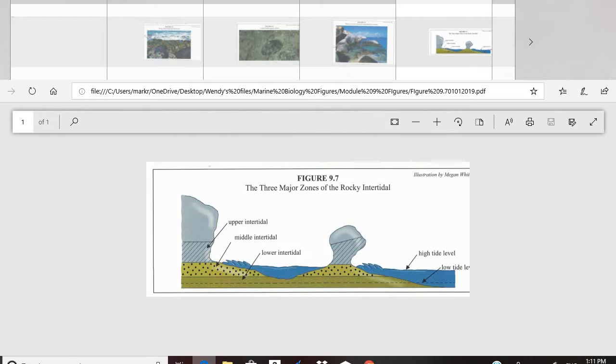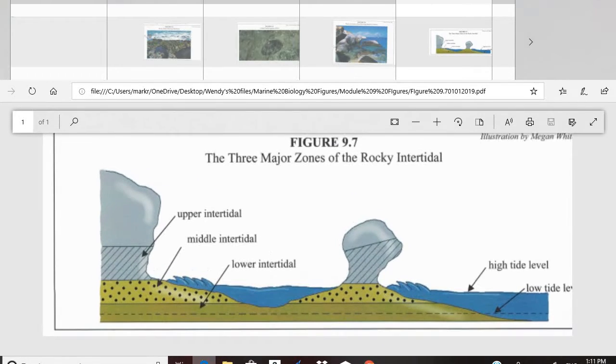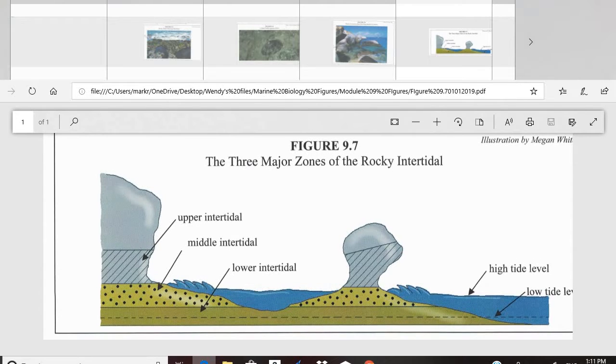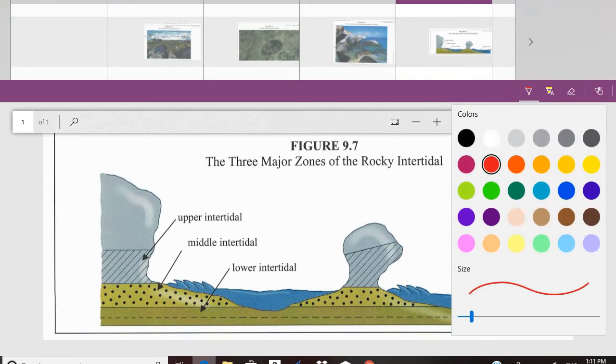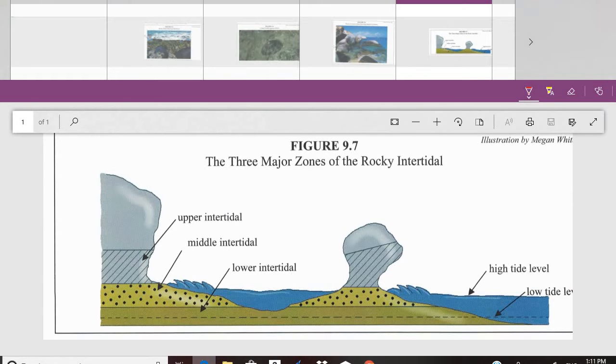So in general, we divide the intertidal zone into three areas, and we pretty much saw that on the other figure that we looked at. There's an upper intertidal zone, a middle intertidal zone, and a lower intertidal zone, and all of those are defined and dictated by the abiotic and biotic factors.